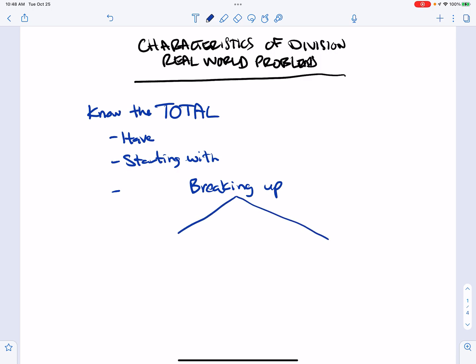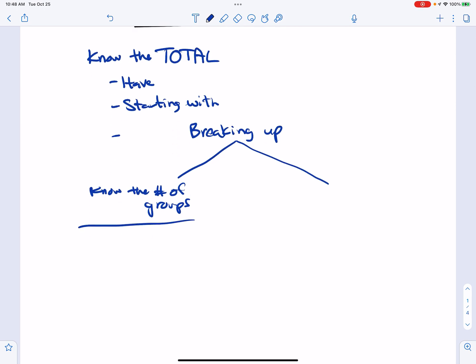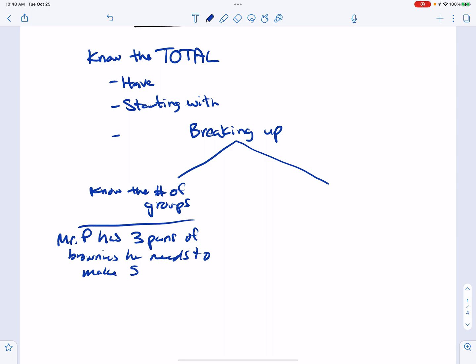In some scenarios, you might know the total number of groups. So you might know the number of groups. So that might be a problem that sounds something like Mr. P has 3 pans of brownies. He needs to make 5 equal-sized groups.